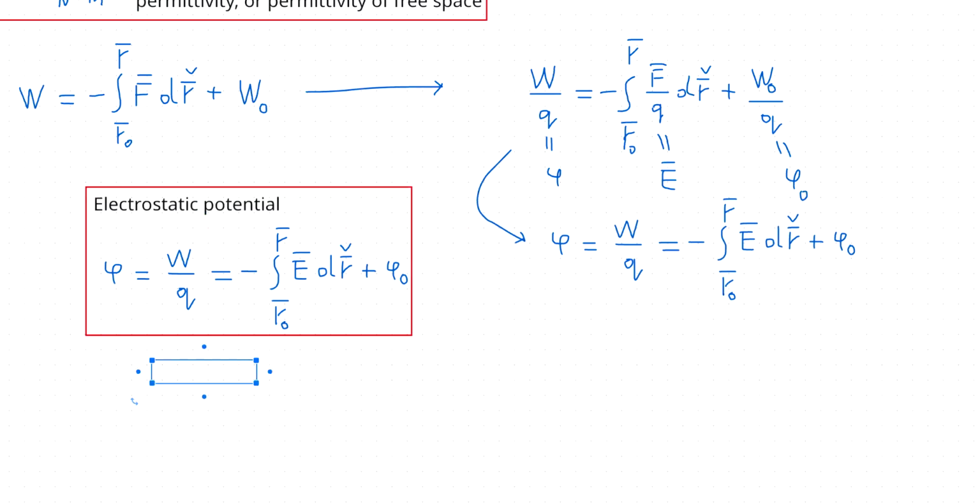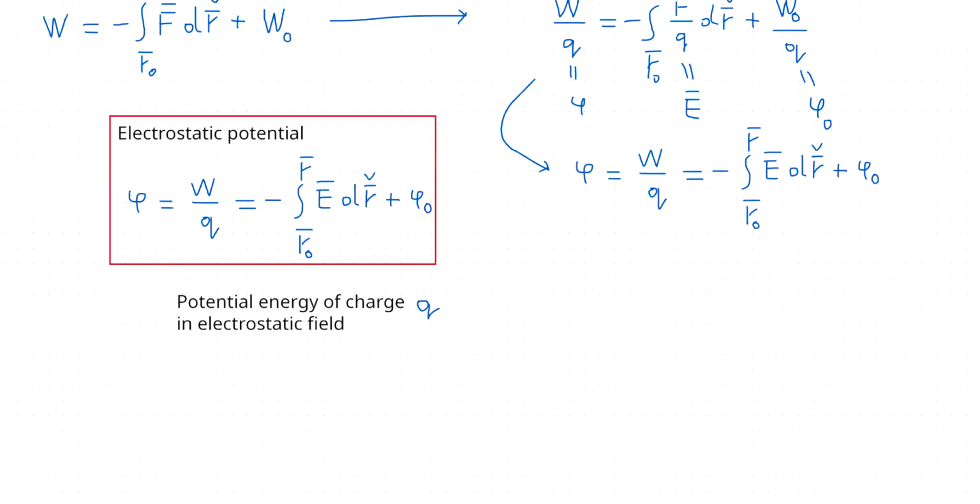So potential energy of charge q in electrostatic field may be defined by a formula: W is equal to q multiplied by potential phi.